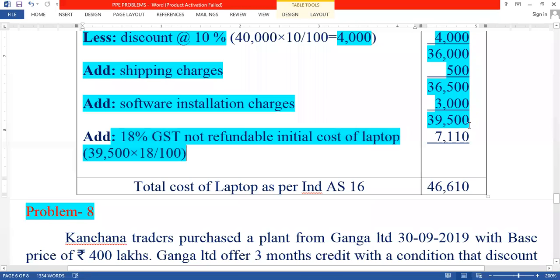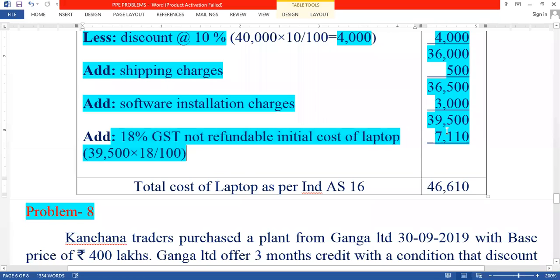Based on the amount 39,500, 39,500 into 18%, how much do we get? 7,110. We get 7,110.